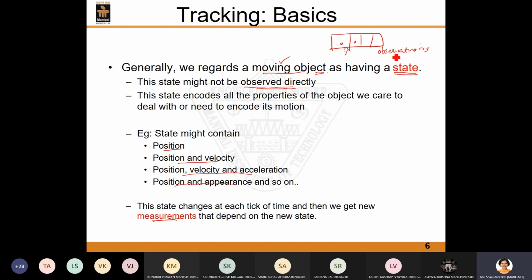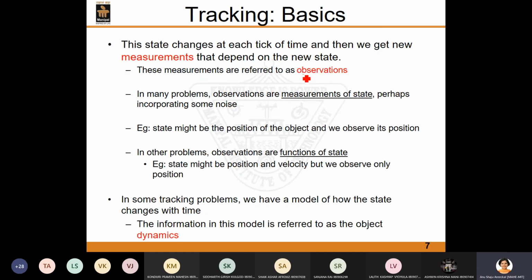So when I say observations, what that means is what are the quantities that keep changing over each of the video frames. It should also ensure that the quantity which is changing should help with finding out the trajectory of the object, right? So that measurement is what you call observations. Yeah, here it is written. So these measurements that you take are also called observations.